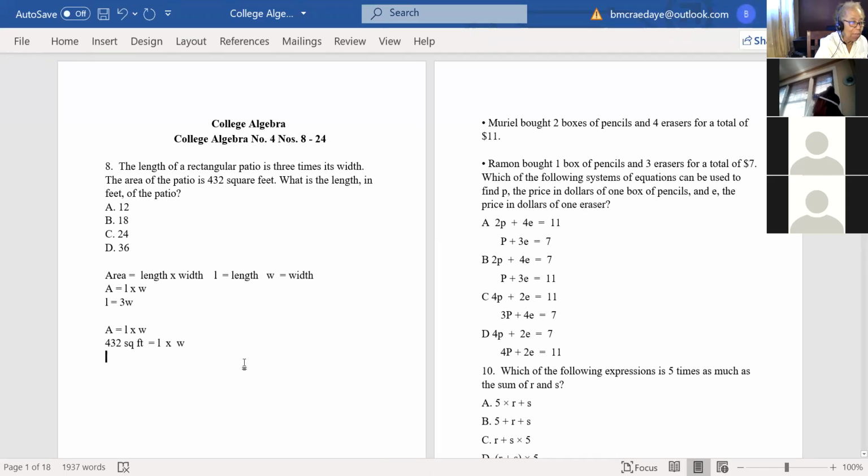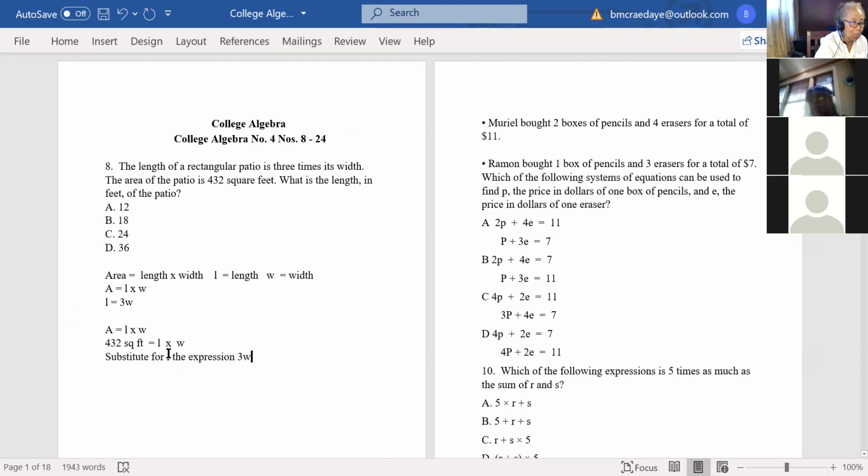So for L, we can substitute the expression 3W, because from what they gave us, the length is 3 times the width.